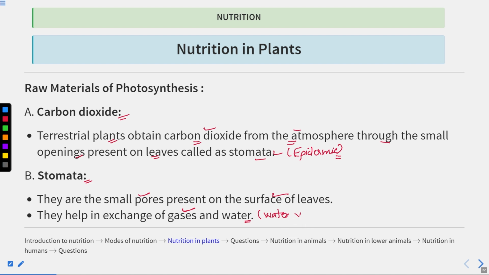And this loss of water in the form of water vapor is known as transpiration. The stomata is also involved in transpiration. So these are the two roles of stomata. First is the exchange of gases and second is the transpiration.